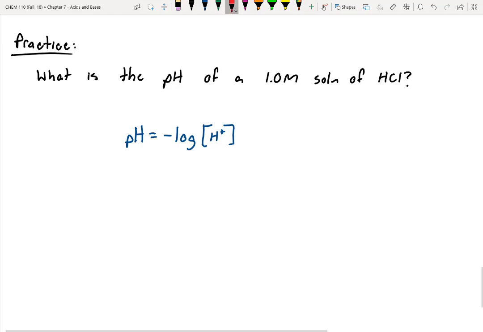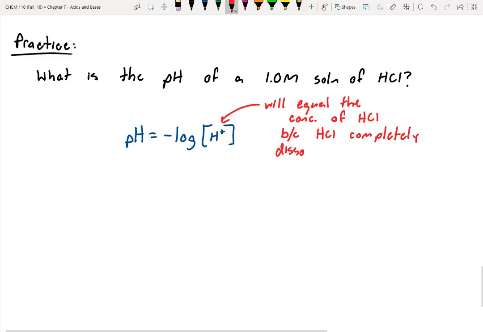So in this case, this will equal the concentration of HCl, because HCl completely dissociates into H+ and Cl-.